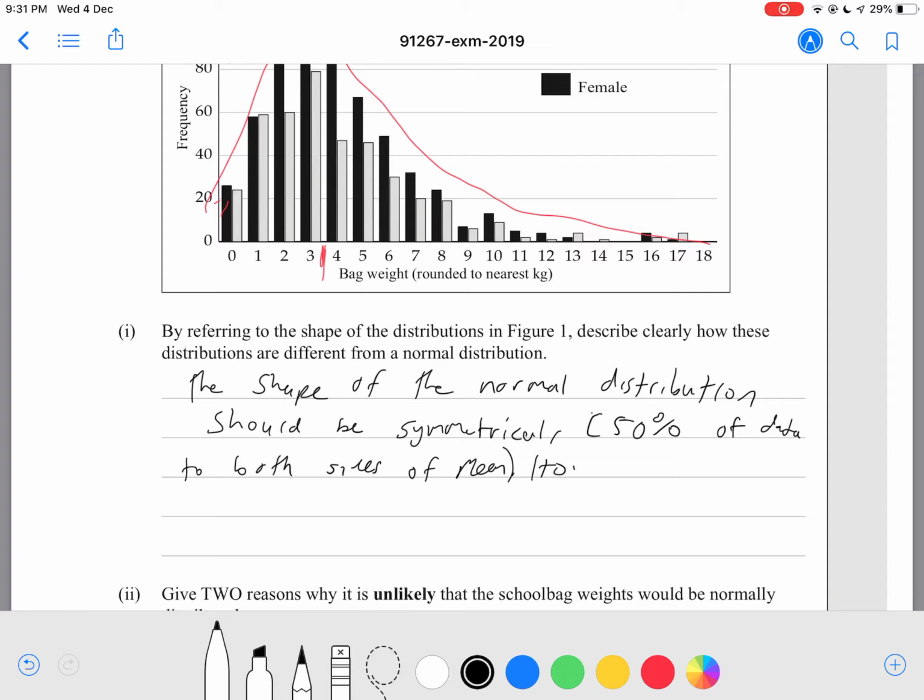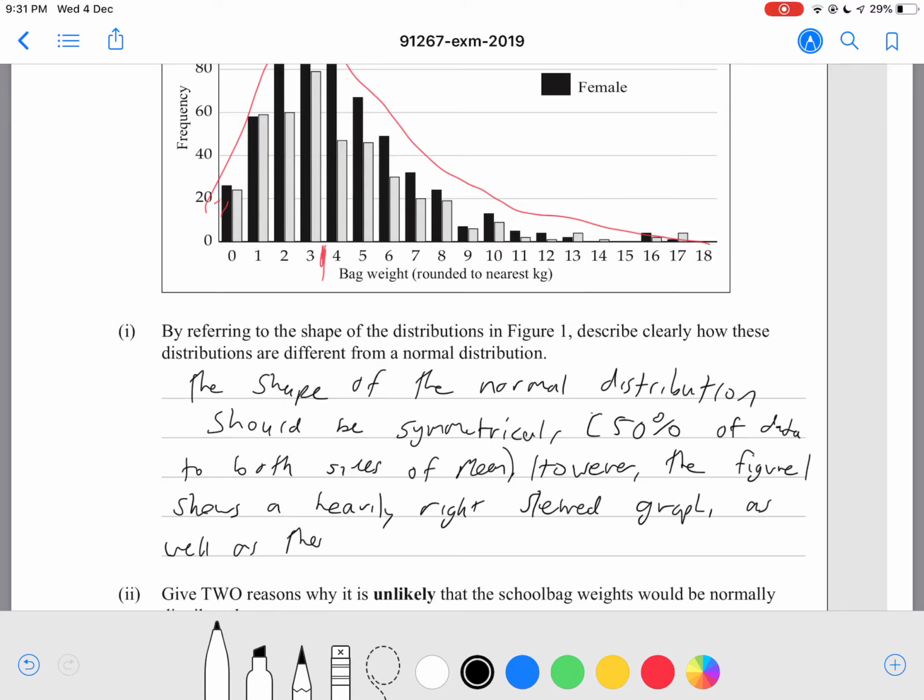You can say, however, Figure 1 shows a heavily right skewed graph, as well as there being more data to the right of the mean than the left. So hence it is not normally distributed.